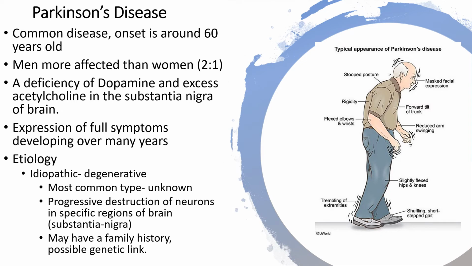By far the most common is idiopathic. We just don't know. We think there may be a bit of a family history to it, so a possible genetic link, but it's not absolute that if your parents have Parkinson's that you will develop Parkinson's. So a progressive destruction of the neurons in the substantia nigra is the cause of Parkinson's disease.